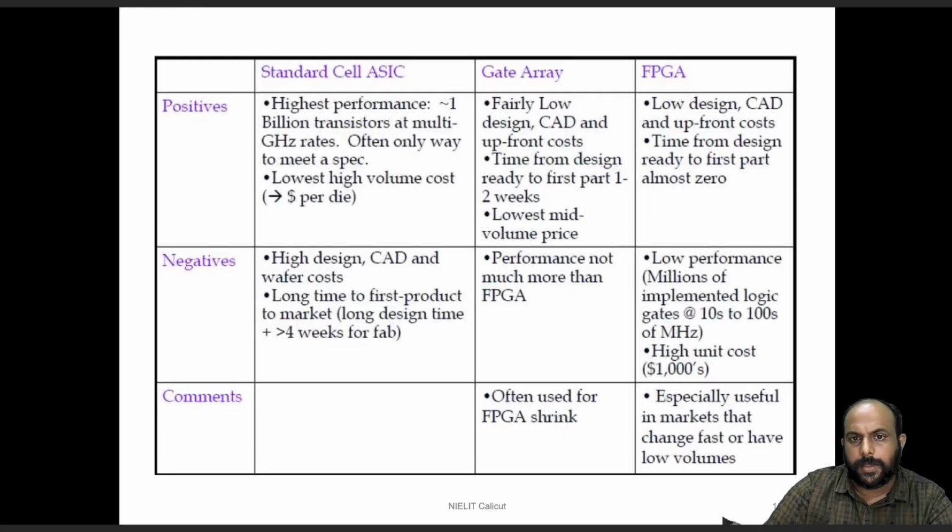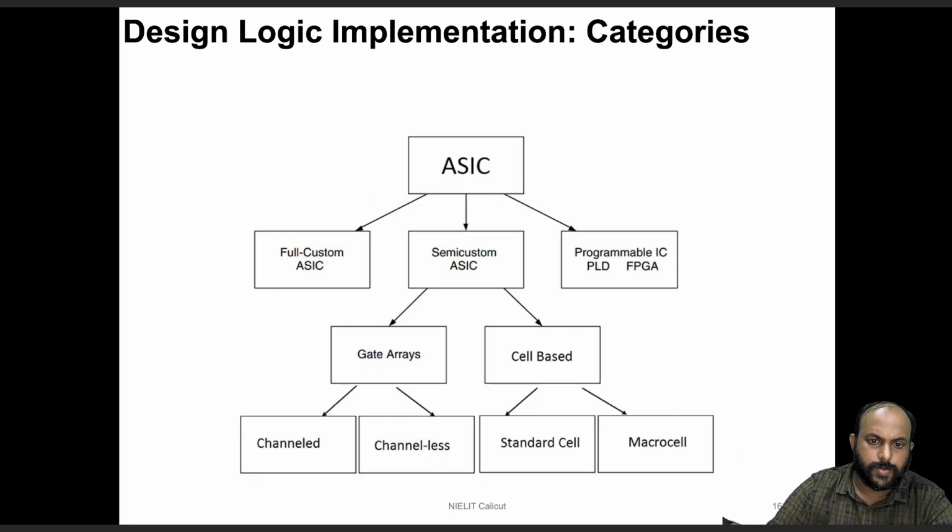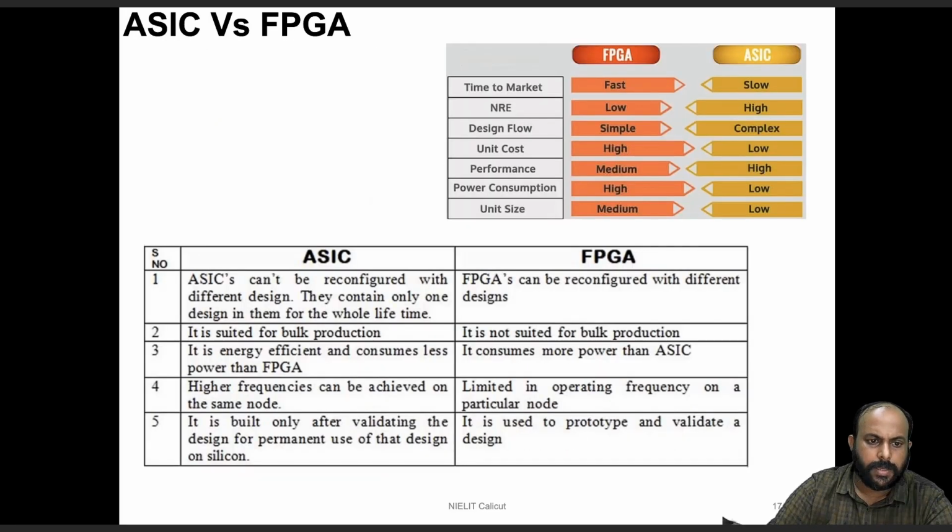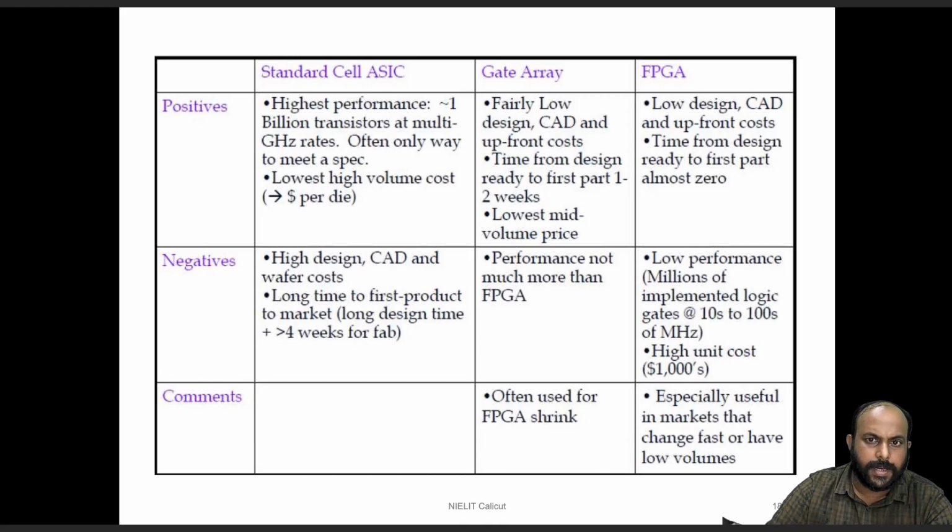If you look at the types of ASIC which we discussed here, gate array, cell based, and FPGAs, you can see that the standard cell ASIC has the highest performance compared to a gate array as well as an FPGA. The time from design ready to the first part is almost zero in the FPGA. That is its major advantage, whereas this is very high in the case of a standard cell ASIC.